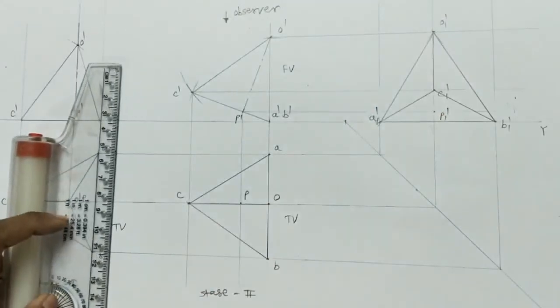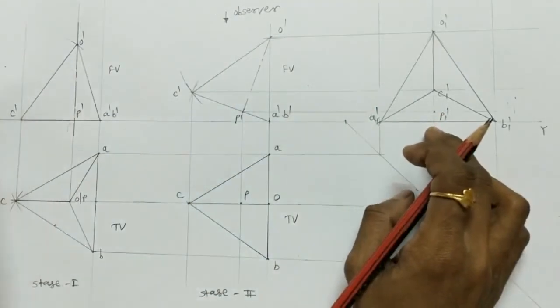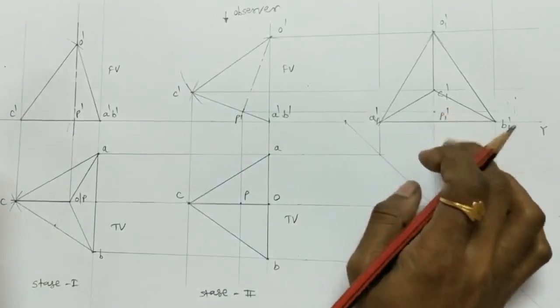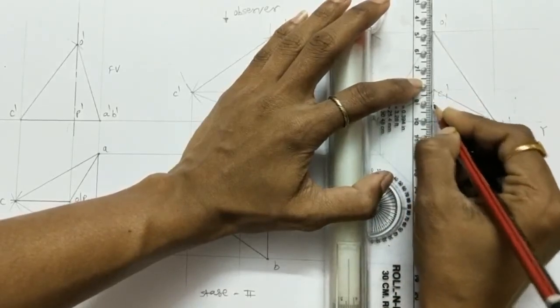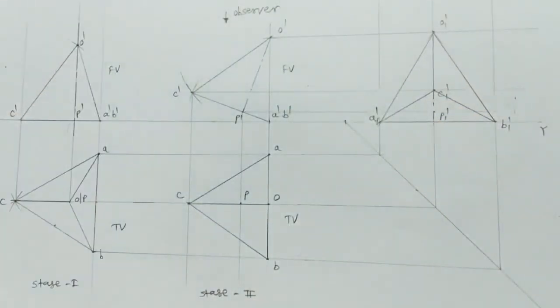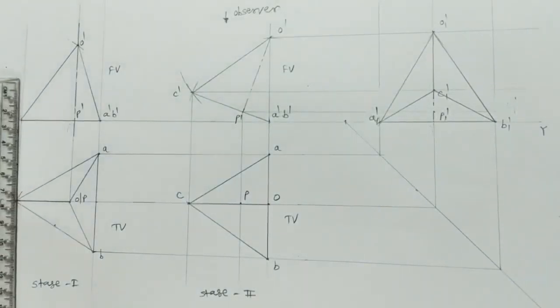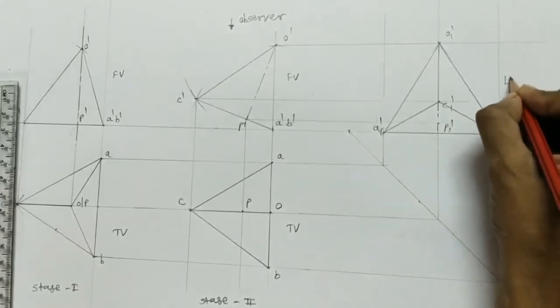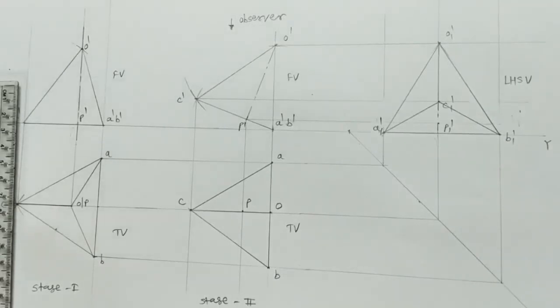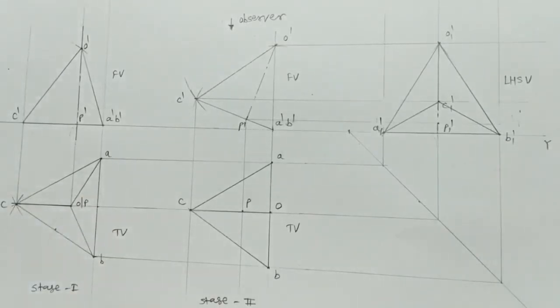And CP is the axis, so we can join the axis by a long and a short line like this. So this is the left hand side view, LHSV. So in this way we have completed the front view, top view and side view of a tetrahedron.